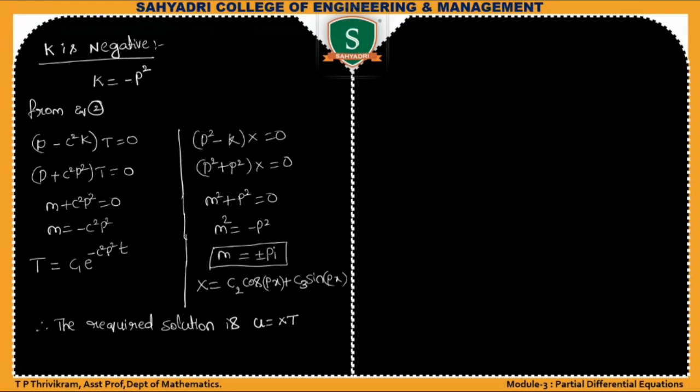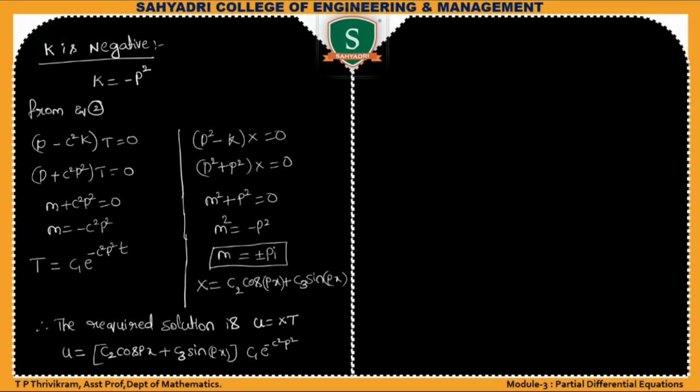Okay, so that is nothing but U is equal to X, c2 cos px plus c3 sin px, into c1 e power minus c square p square t. Okay, so in this way we will get all the three solutions.